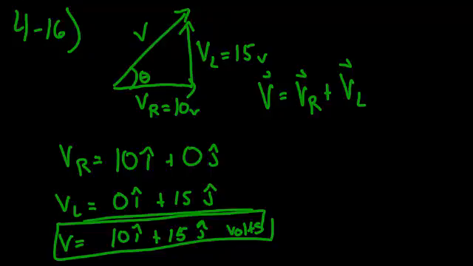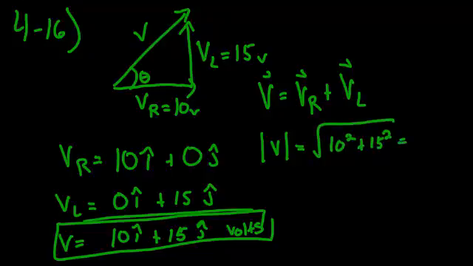And if we want to convert this to polar form, what do we need? A magnitude and an angle. Let's just go through it. Our magnitude is equal to the square root of 10 squared plus 15 squared, which equals 18.03.